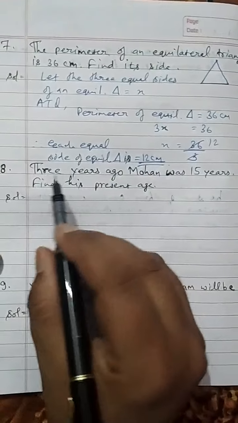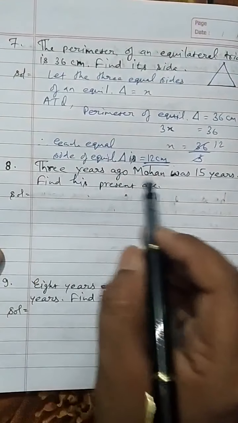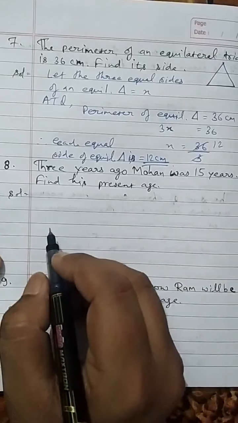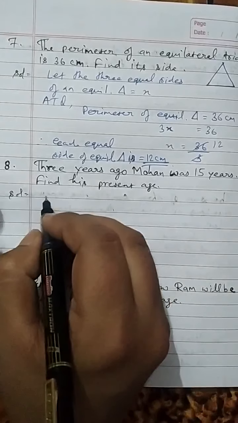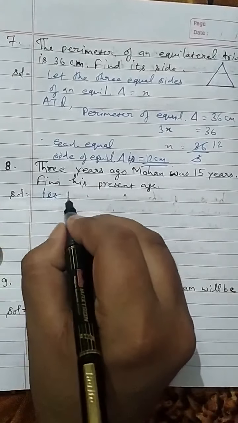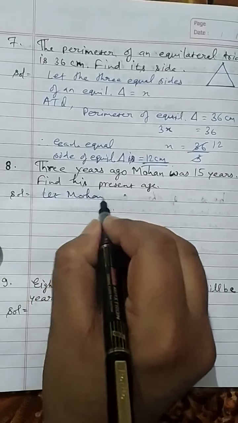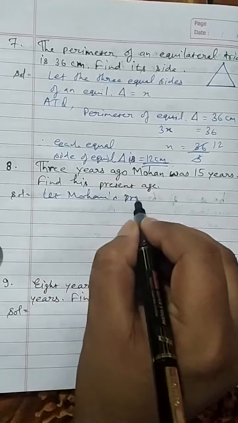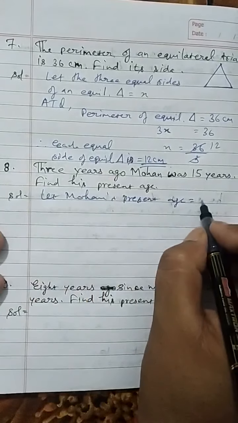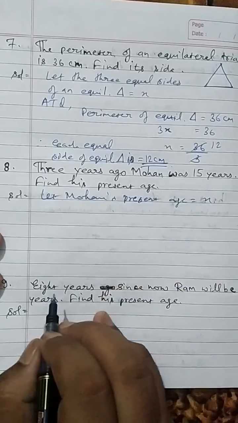Students, next is number 8. 3 years ago Mohan was 15 years. Find his present age. So let Mohan's present age be x.